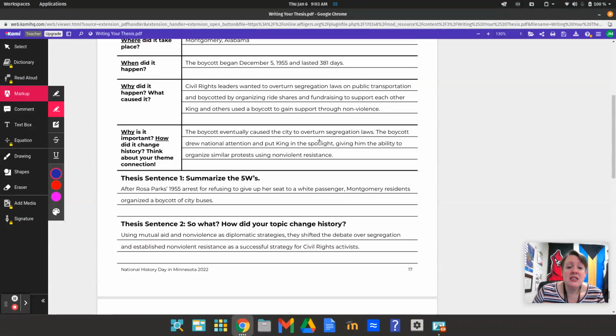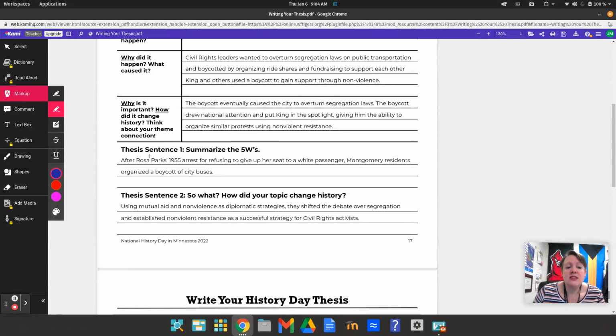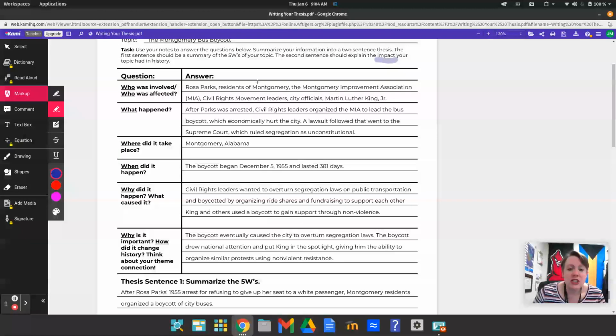So these are the notes that are going to turn into a two-sentence thesis statement. Thesis sentence number 1, summarize the 5 W's. After Rosa Parks' 1955 arrest for refusing to give up her seat to a white passenger, Montgomery residents organized a boycott of city buses. Does it have all this information in here?